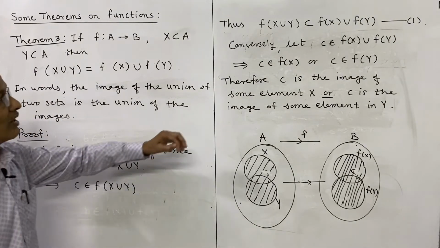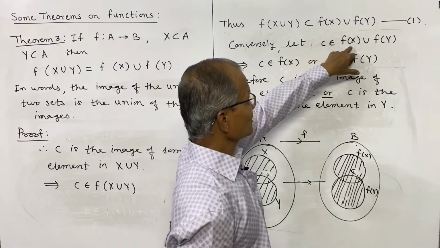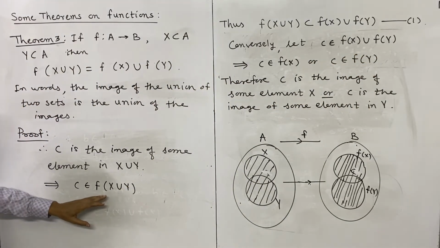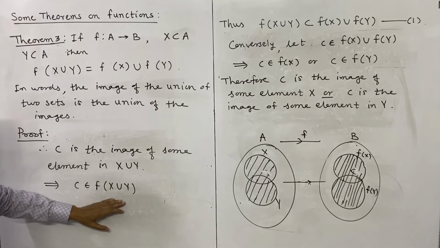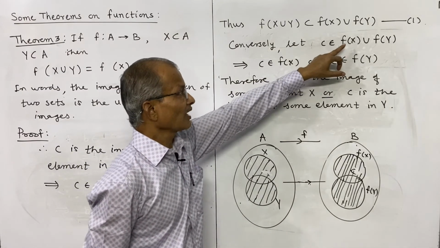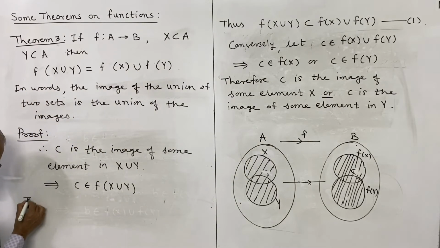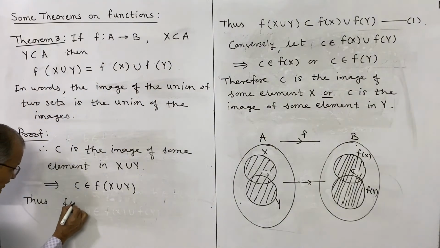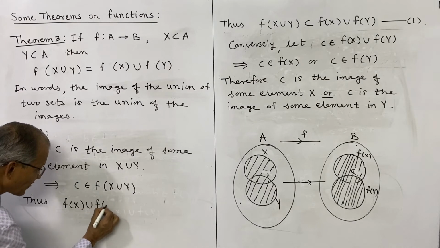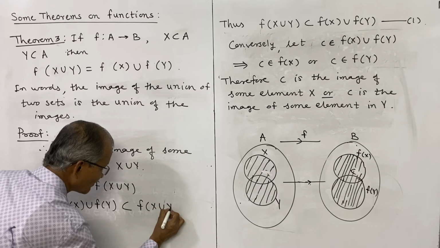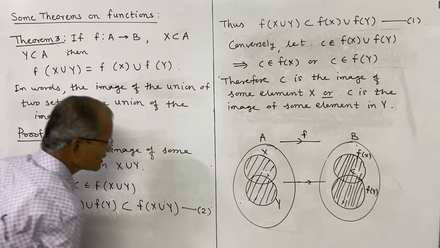And see, we started with c belongs to f of x union f of y, and we have obtained c belongs to f of x union y, and therefore every element in this set is in this set, and that implies f of x union f of y is a subset of f of x union y, and we shall suppose this as second.